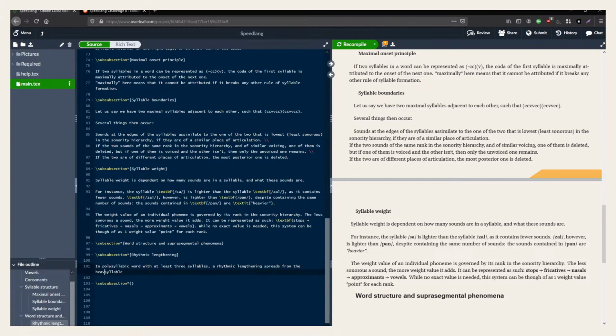I can manage that. There we go. So what I want to do is to have the rhythmic lengthening spread from the heaviest syllable, as I wrote, just in case you did not catch that, and every other syllable from it in both directions, so that it's perfectly regular. Well, perfectly is arguable, but so that it's every other syllable.